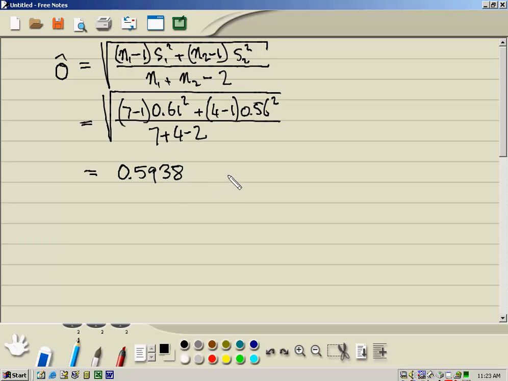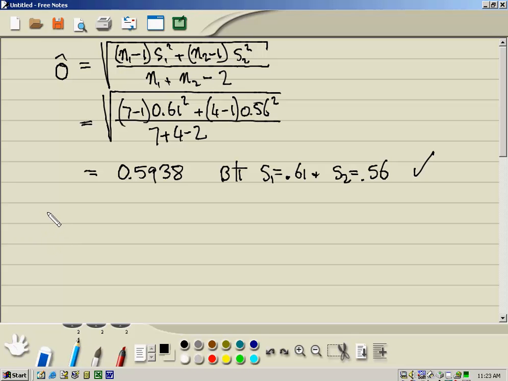Okay, and we make sure that the result is between the two sample values, in this case S1 of 0.61 and the S2 of 0.56. It is between, so we're not obviously wrong with that answer.